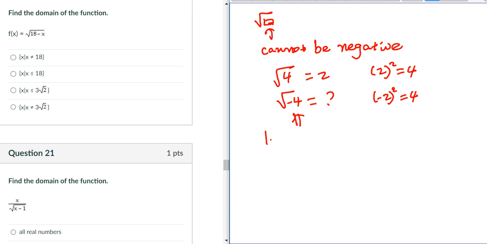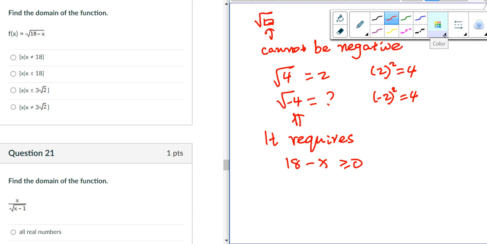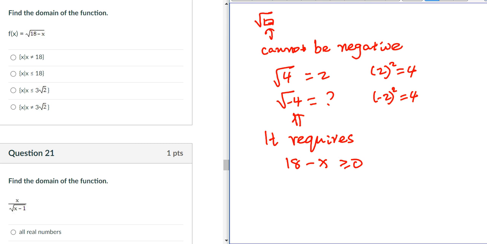So here it requires 18 minus x greater than or equal to 0. It can be 0. So then what is the possible value for x? You add x on both sides, and then they will be cancelled. So you have 18 greater than or equal to x. That would be 18, 17, 16, down to 0 or negative.